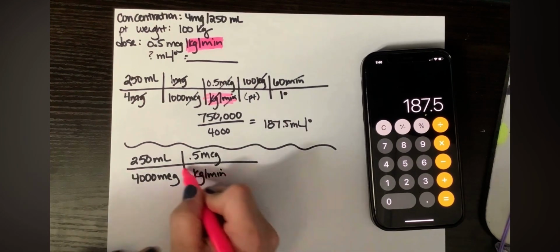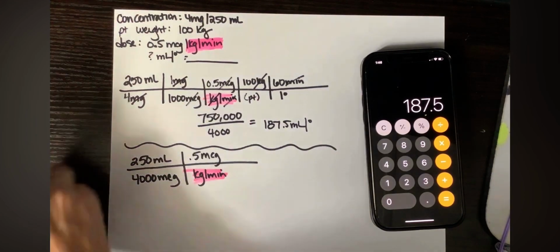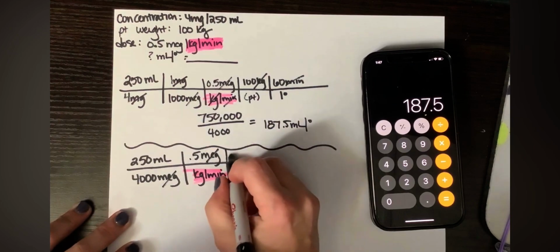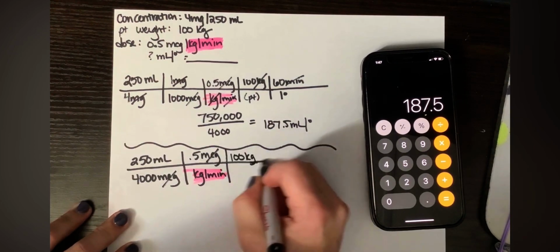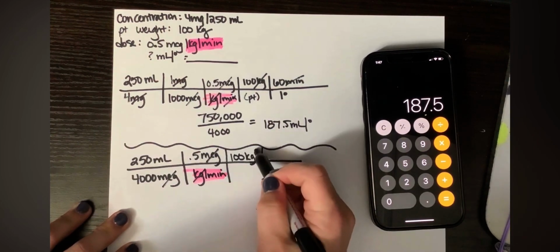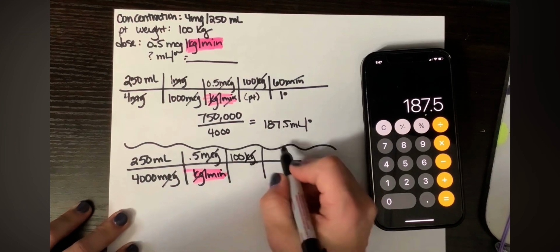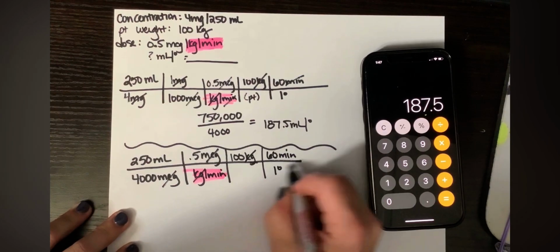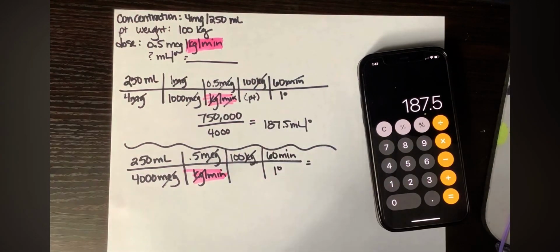Remember, this is where we mess up. So mics cross out, and then we have a 100 kilo patient, and then minutes, 60 minutes, 1 hour. So you'll get the same answer that way.